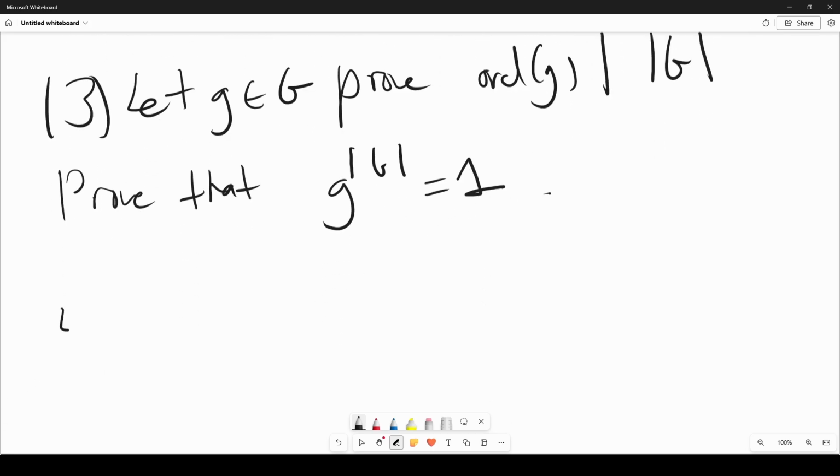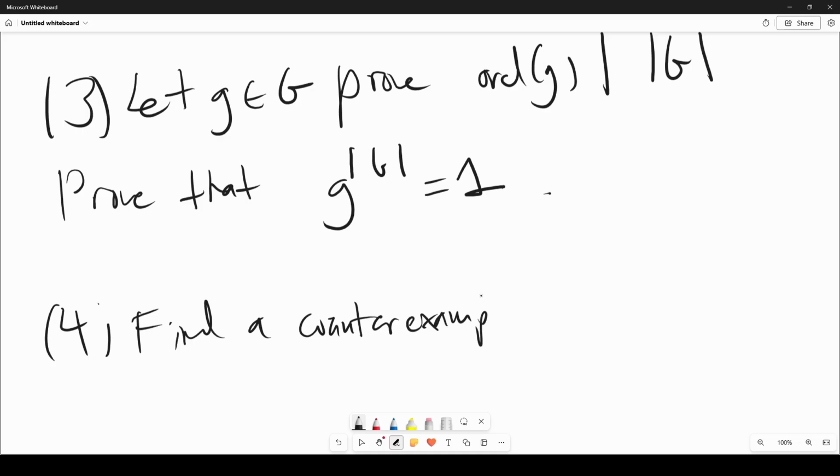Okay. And then the last exercise, I want you to find a counterexample, maybe by searching up or just figuring out on your own, to the converse of Lagrange's theorem.